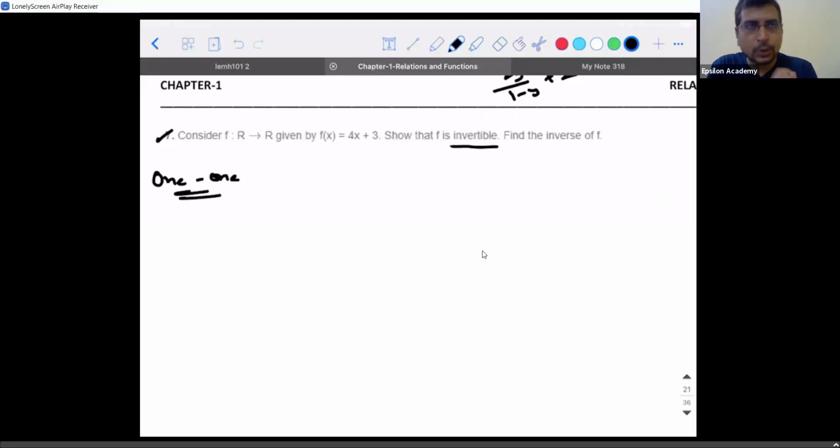From the logic, tell me what kind of function given in the domain and the codomain will have an inverse? When it is one-to-one and onto, which means it is bijective. So if the question stops with "show that f is invertible," then you can just prove that it is one-to-one and onto in this domain and range, R to R, and that is more than sufficient.